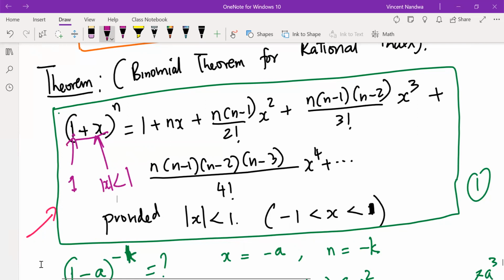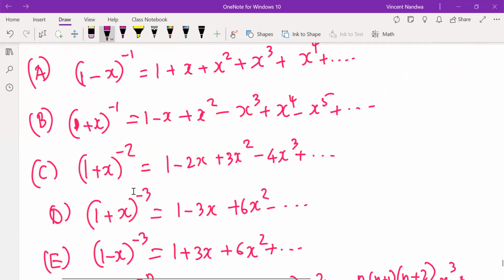So let's do an example involving rational expansions.